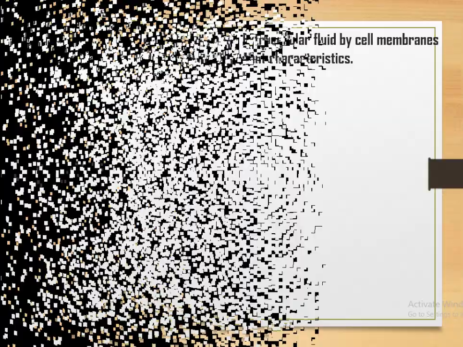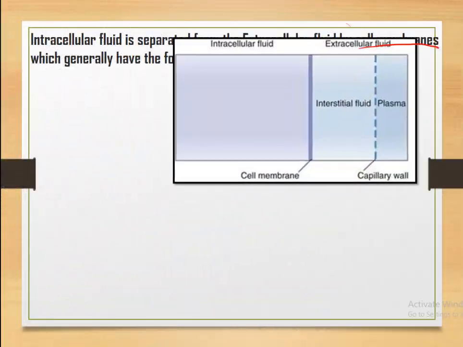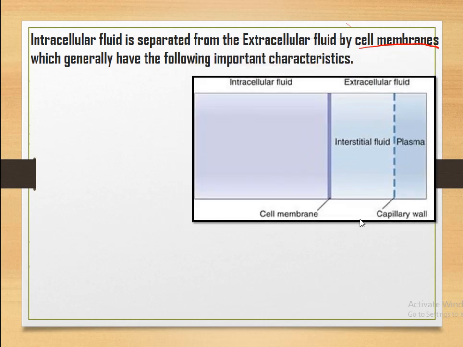Let me quickly give a good diagram on that. My diagram here is simply explaining what separates the intracellular fluid and the extracellular fluid. The thing separating them is simply the cell membrane. But we need to consider one thing.